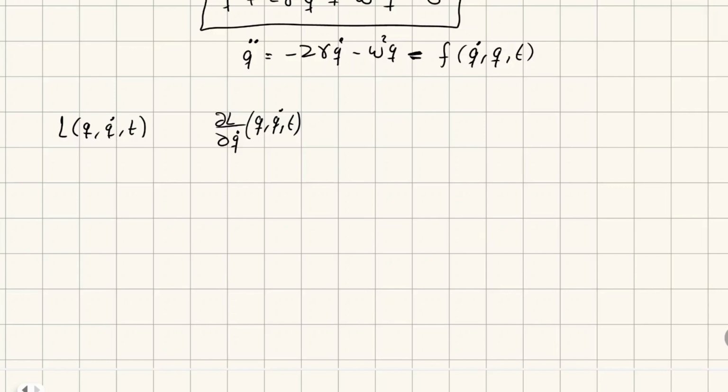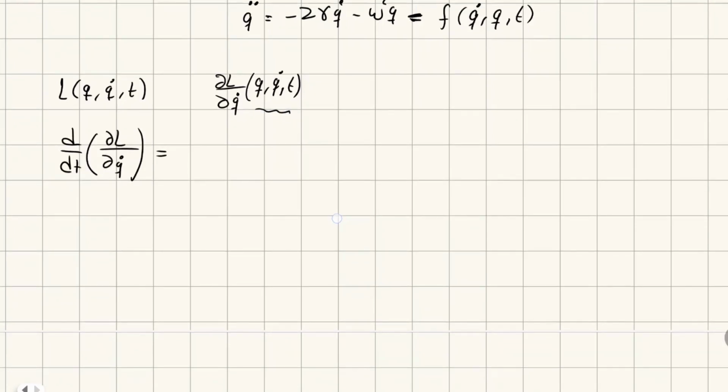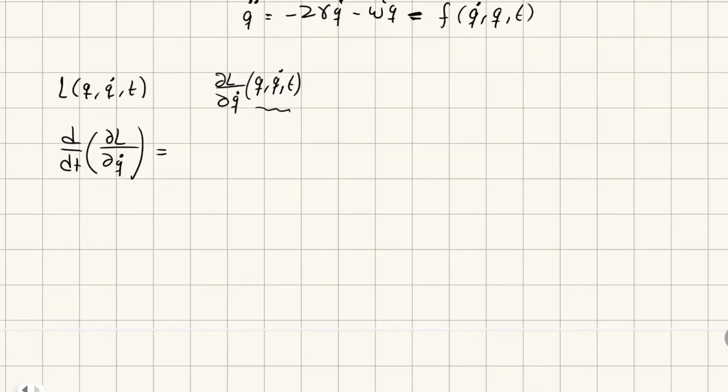So the Lagrange equations tell us that we need to calculate the derivative with respect to time of this quantity. So we can do that. The derivative with respect to time of the partial of L with respect to q dot. And what will that be? Well, since we have these three variables here, we need to use the chain rule.